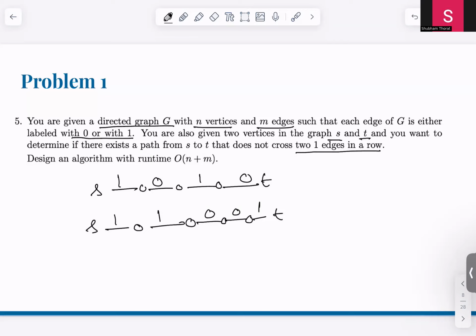Going from this node to this node to this node is not allowed because we have this labeled 1 edge in consecutive fashion. So we want to create an algorithm that runs in O of n plus m, and it should be able to tell us if a path exists.